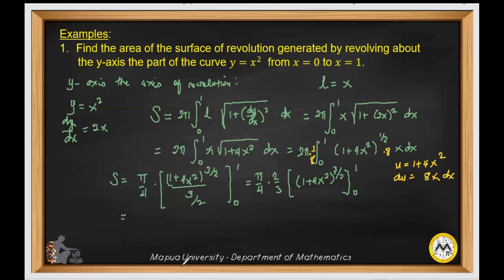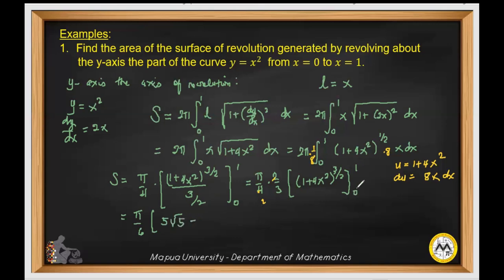And here, if we do cancellation again, we can cancel 2 and 2 here. So that will give us pi over 6 times. When x is equal to the upper limit 1, that will give us 1 plus 4, which is equal to 5, square root of 5 raised to the third power will give us 5 square root of 5.